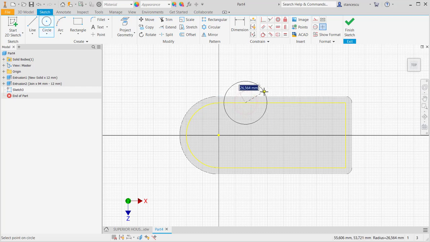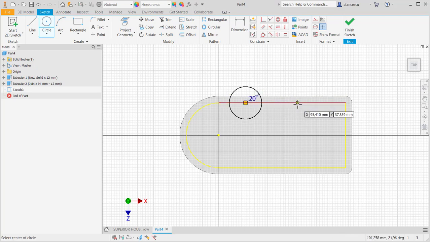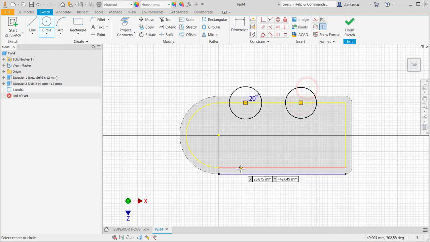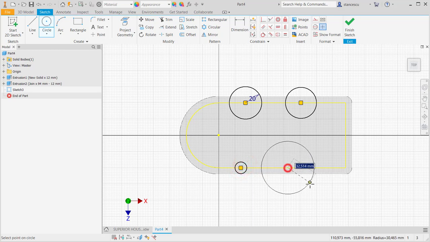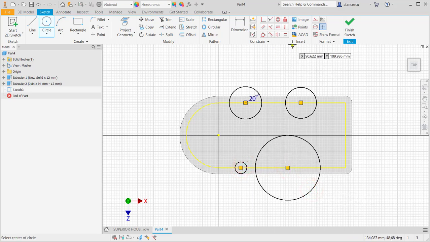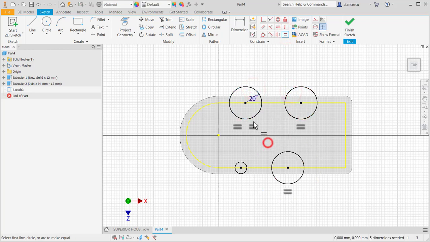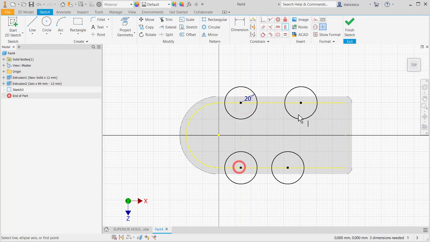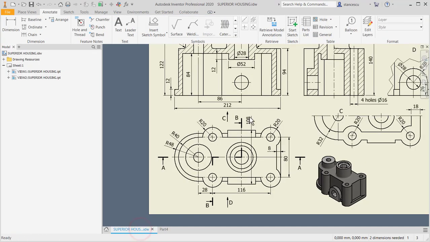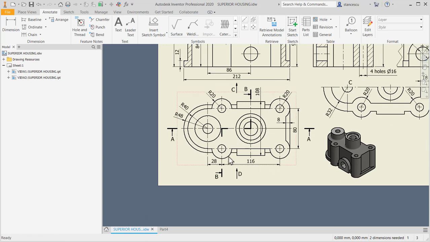The radius is 20. 1, 2, 3, 4. But they are equal with the reference. They are on the same vertical, and the distance is 28, 160.